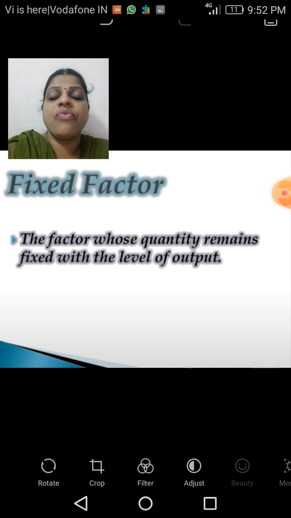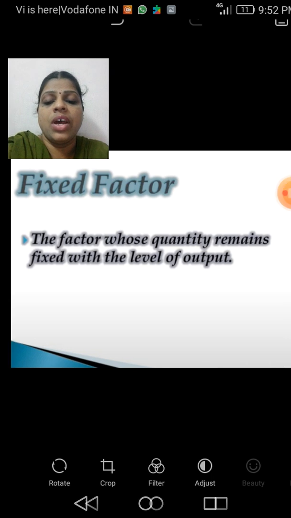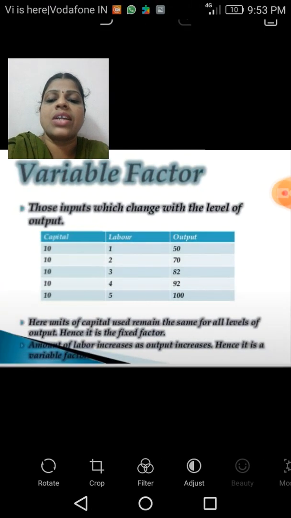Fixed factors means those factors which we cannot change. The factor whose quantity remains fixed with the level of output is called a fixed factor. Whereas a variable factor means those inputs which change with the level of output.